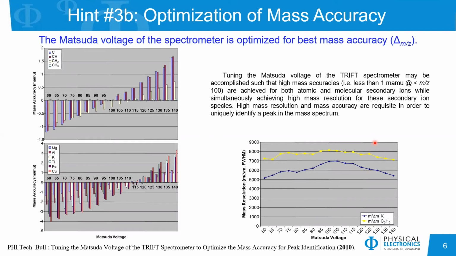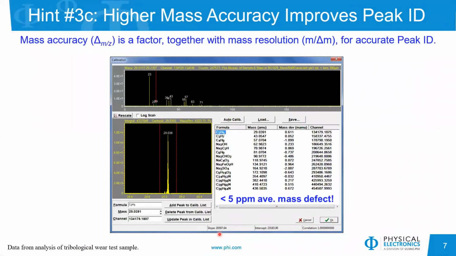I won't go into the details here, but we do have a technical bulletin that illustrates how to do that and gives you directions on how to achieve that. And this is really important because if you get better mass accuracy in your calibration, then it's easier to do peak assignments for both organic and inorganic ions.